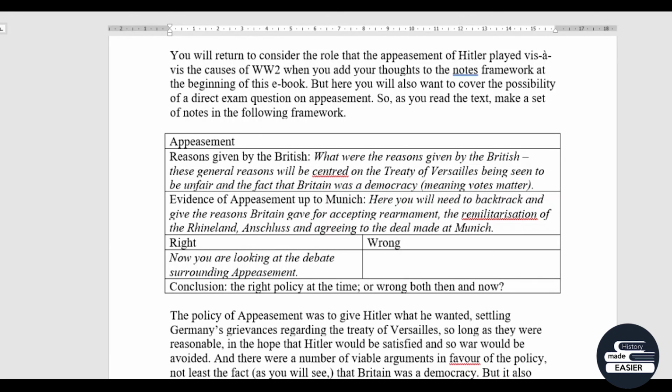Overarching reasons and reasons given at the time at each point in which appeasement became policy. And then we look at the arguments as to whether it was right or wrong.